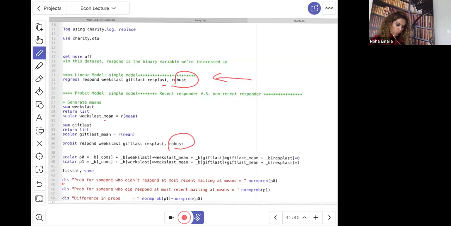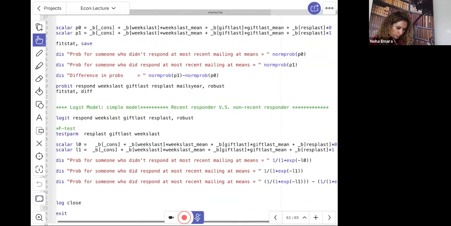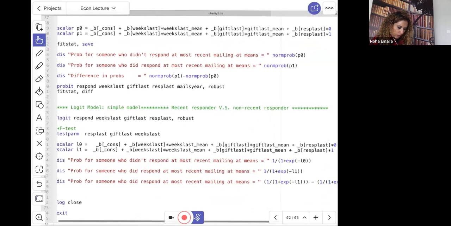Next, whatever you have done here for the probit is just going to be repeated for the logit. In terms of the regression, all you need to do is remove the probit and type logit. So here what we have is the continuation of the code.